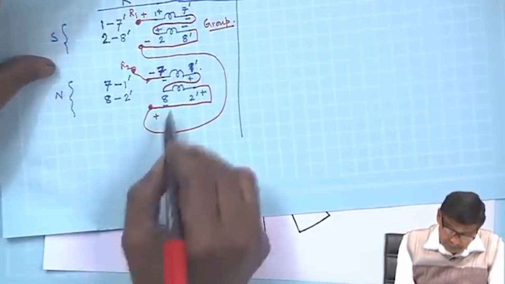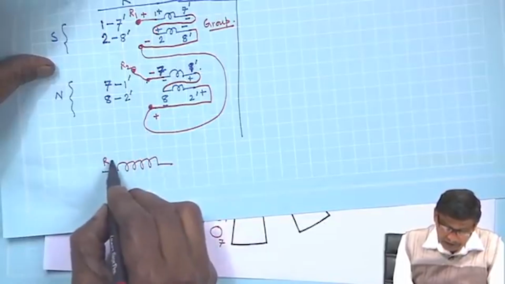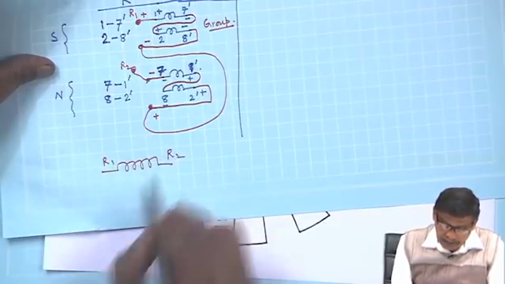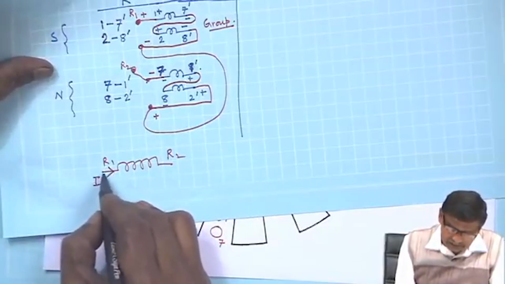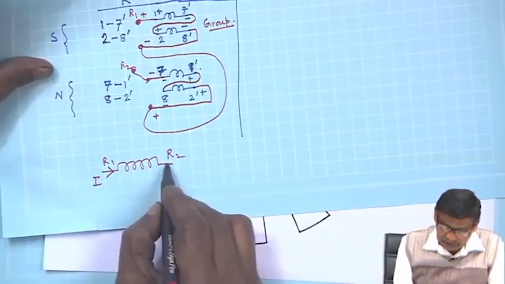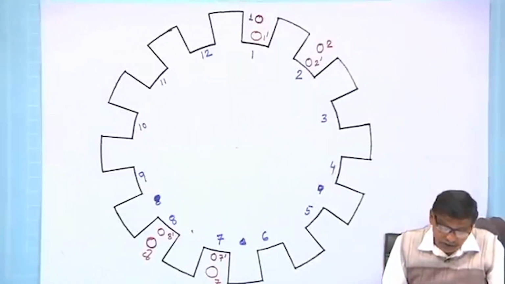And now this whole thing becomes the R phase terminal, R 1, R 2. Suppose you pass some DC current through R 1 and current comes out from R 2, then how will the currents look?